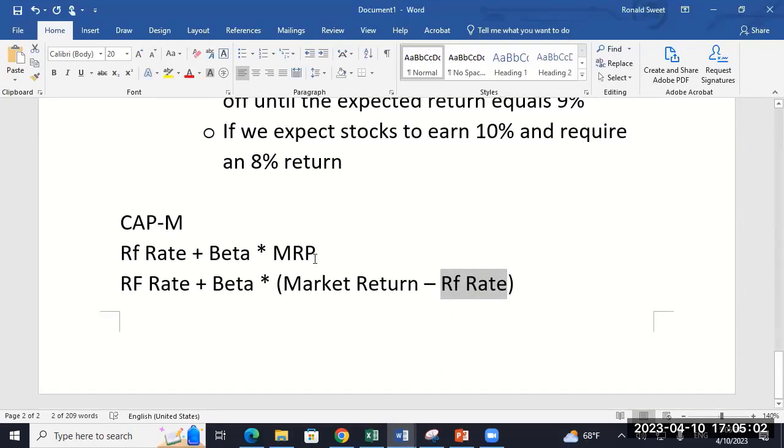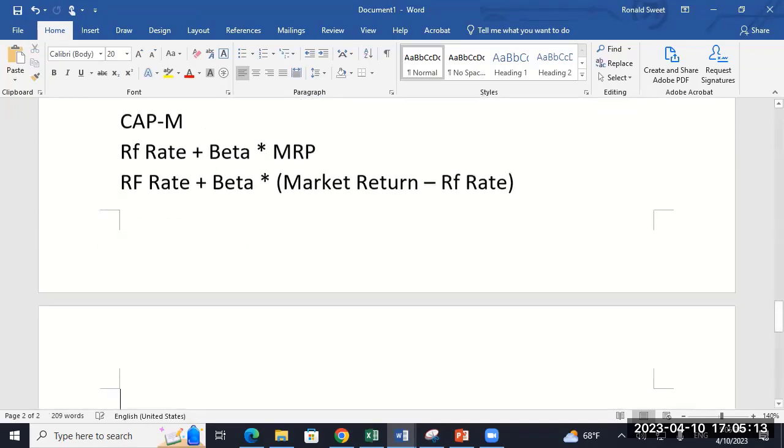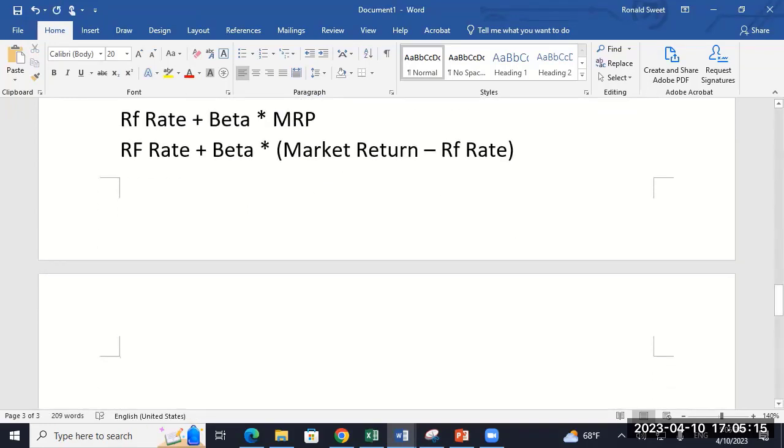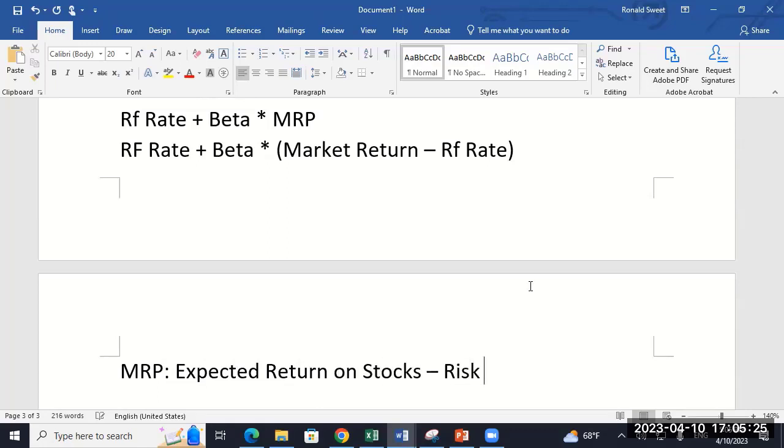Right. So to do the market risk premium, you have to have an expected dividend yield and expected return on stocks. So market risk premium is going to be expected return on stocks minus the risk-free rate.